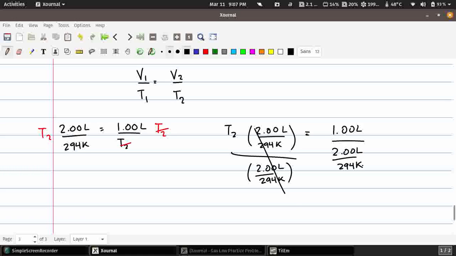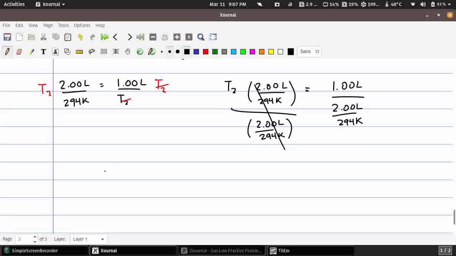When you're dividing by a fraction, you're essentially multiplying by its reciprocal. So that means T2 equals 1.00 liters times 294 kelvins over 2.00 liters. Your liters are going to cancel, and essentially you're going to have 294 divided by 2. So 294 divided by 2 is 147 kelvins.